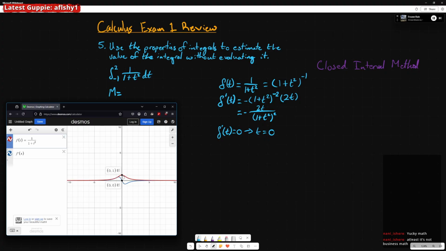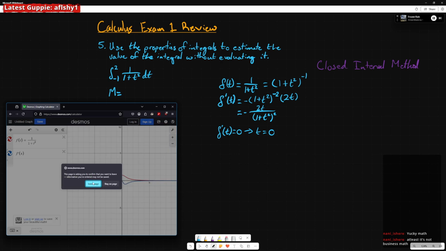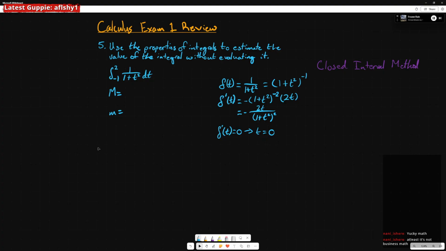We can see the only point is at 0, 0, which means that's likely our maximum or minimum point. So we can do f of 0, which is equal to 1 over 1 plus 0, which is equal to 1.